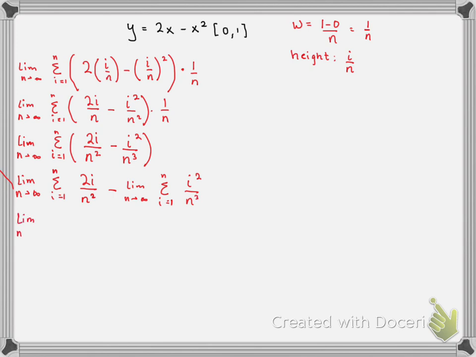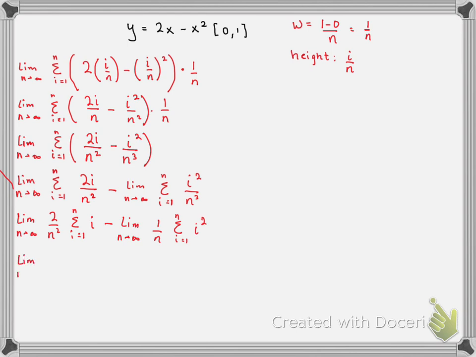Pull out any constants over your n terms, so 2 over n squared times the sum from 1 to n of i, and that's what we're looking for. Okay, we want that i. Whatever power is on the i is what we are isolating intentionally. So we've got i and i squared.